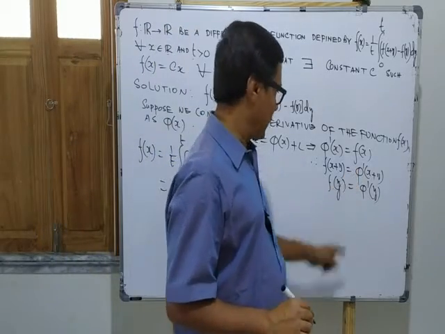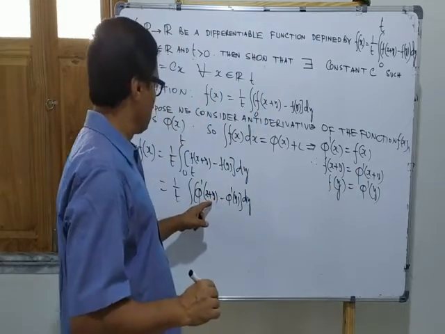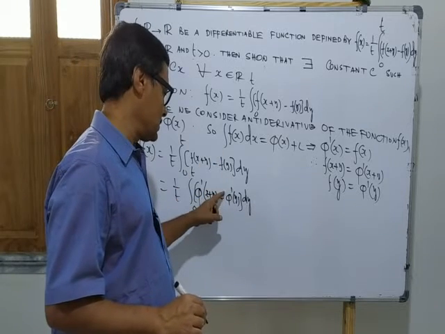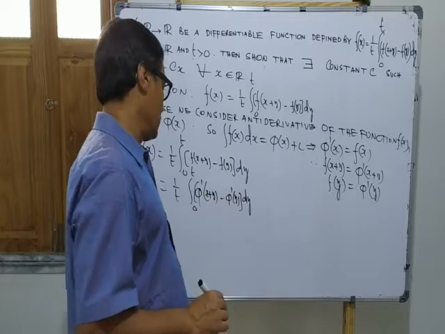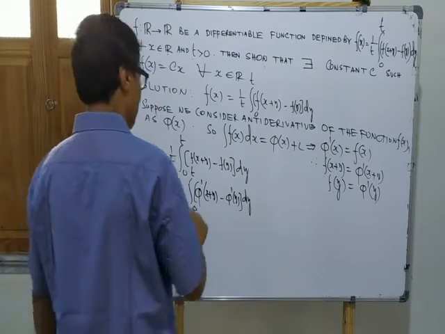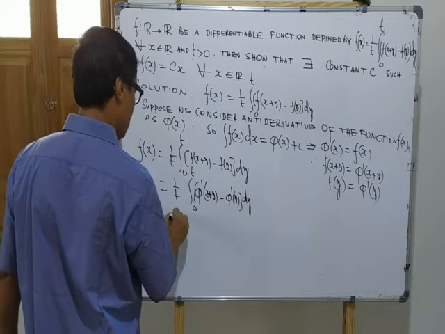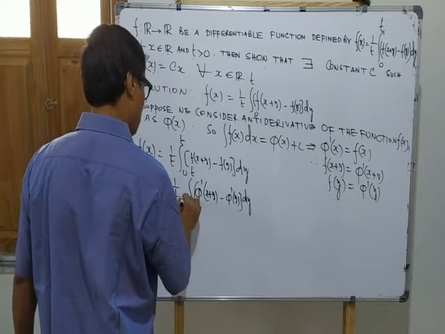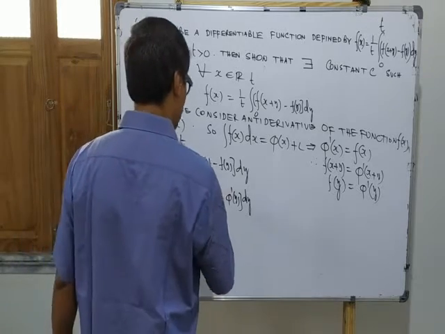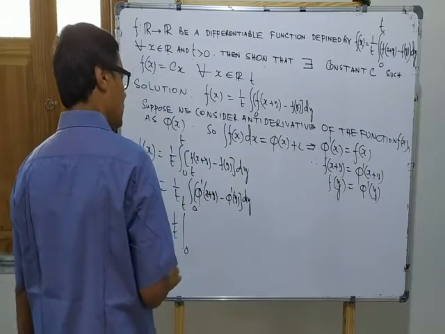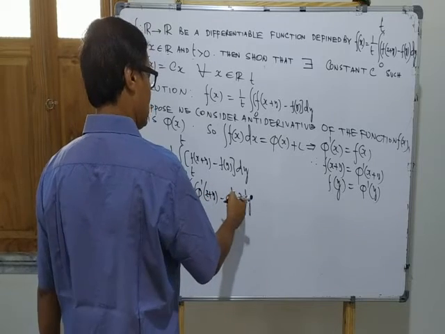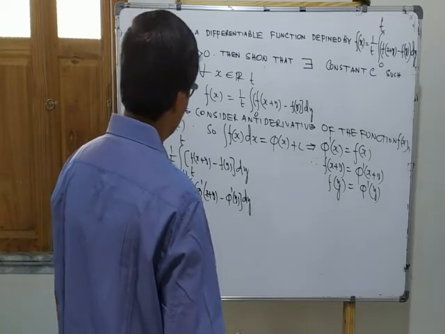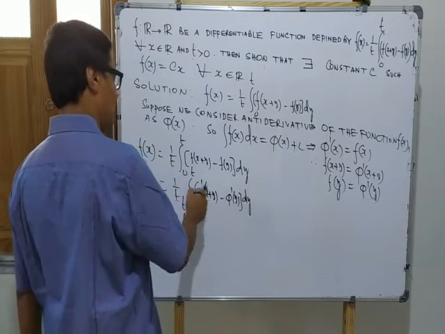Here the derivative is taken with respect to y. This differentiation is with respect to the variable y. So we can write 1 over t integral from 0 to t of phi dot (x plus y). Here the integration is with respect to y, so the derivative is taken as differentiation with respect to y.